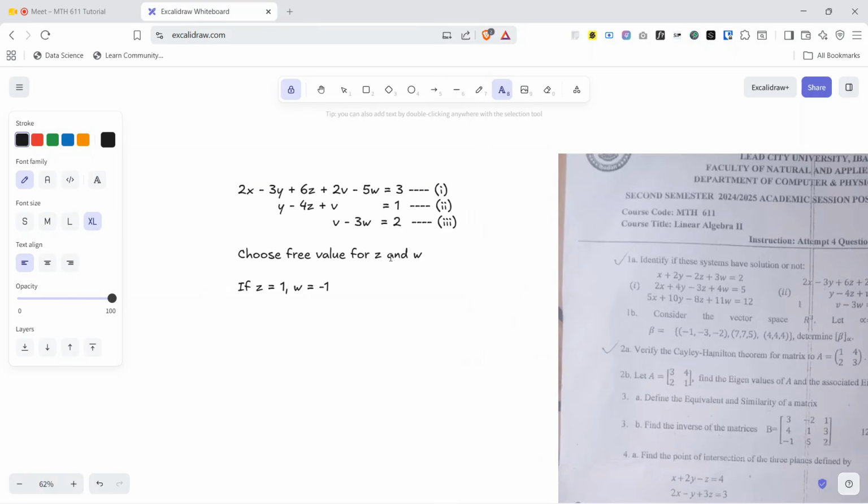So we are going to now plug this into our equation.